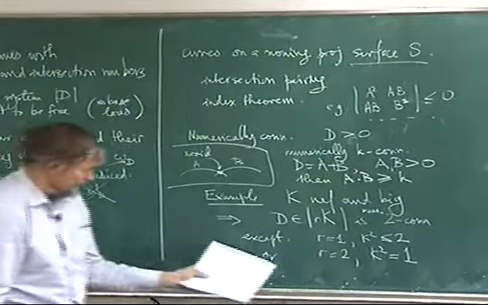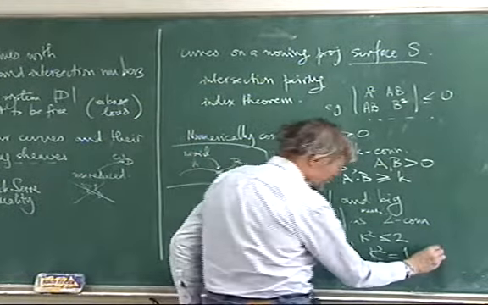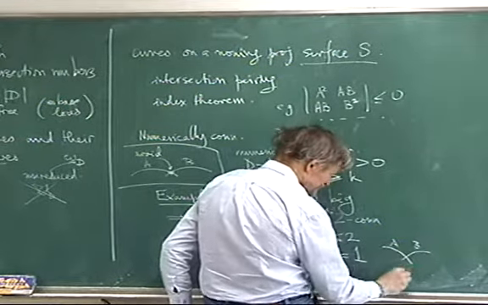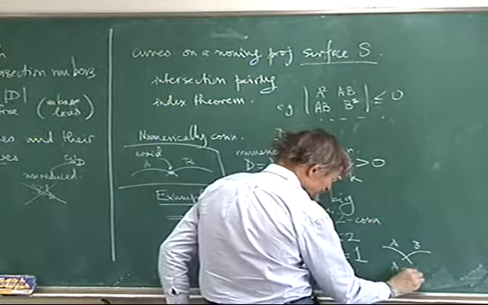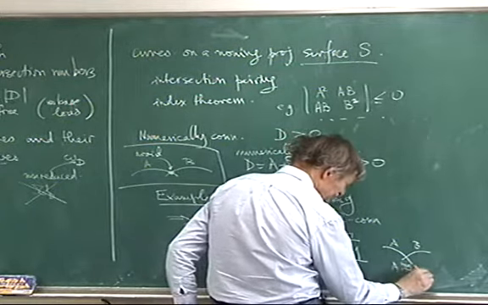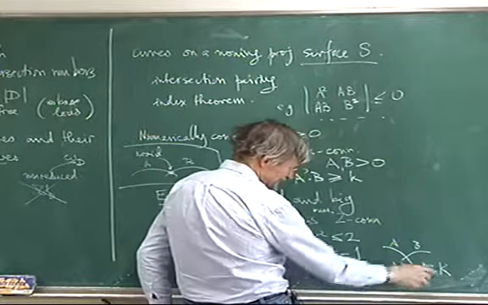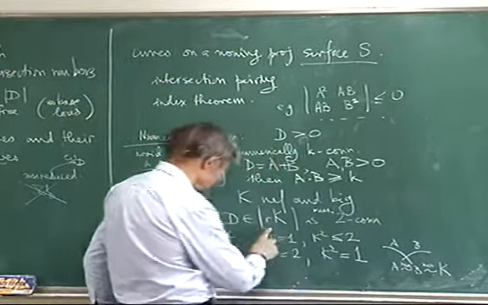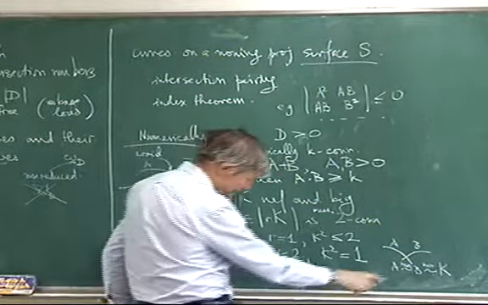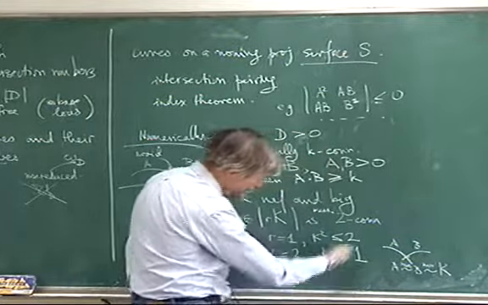This case really happens. If K squared is 1, then I can have A and B, both numerically equivalent to K, and then 2K is A plus B, and K squared is 1, so I get this.